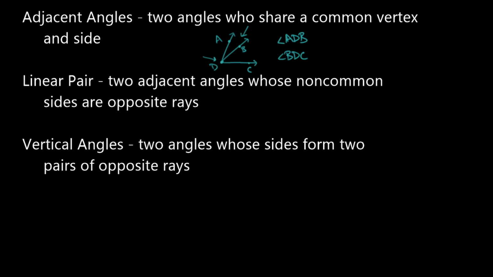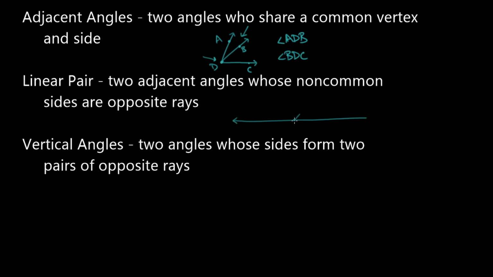Linear pairs are two adjacent angles whose non-common sides are opposite rays. So we have to remind ourselves what opposite rays means. Opposite rays are two rays who share a vertex and then go in opposite directions. And so two adjacent angles whose non-common sides are opposite rays, that means they do have a common side, but these two non-common sides, they're opposite rays, that means they form a line.